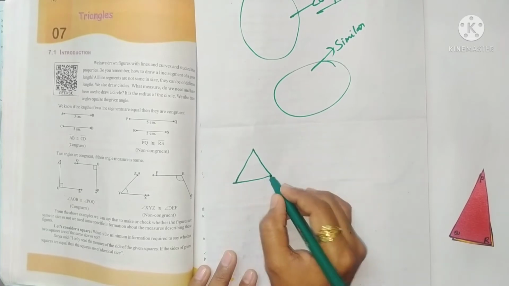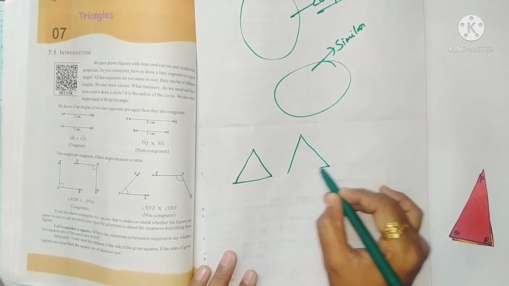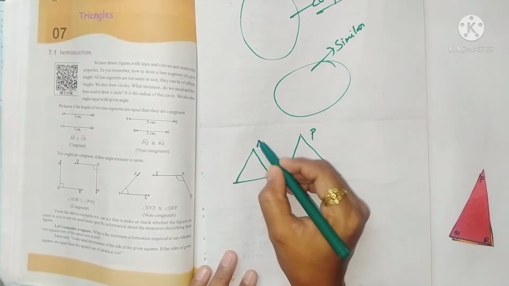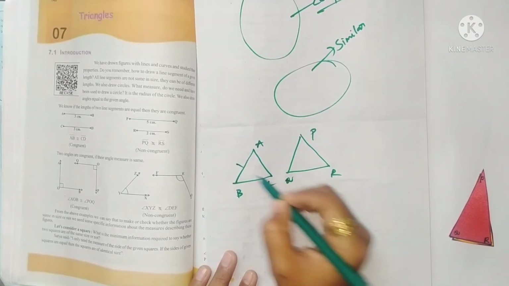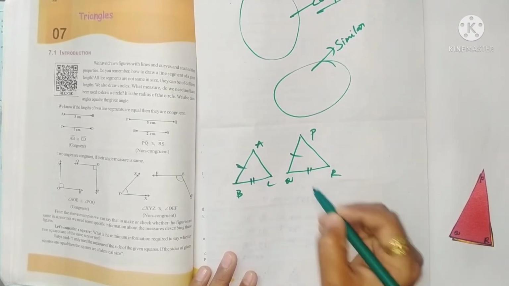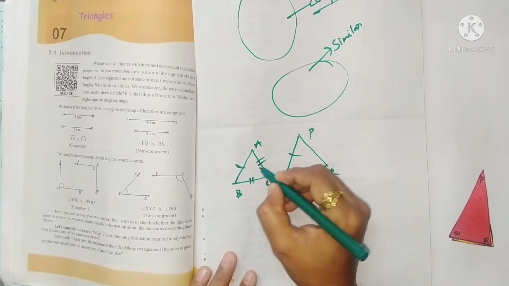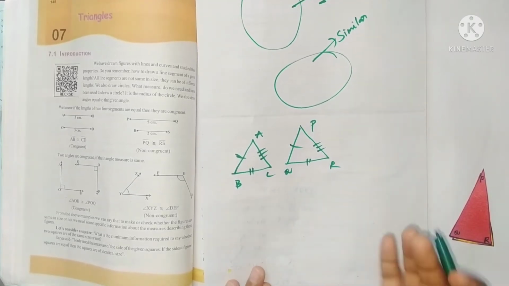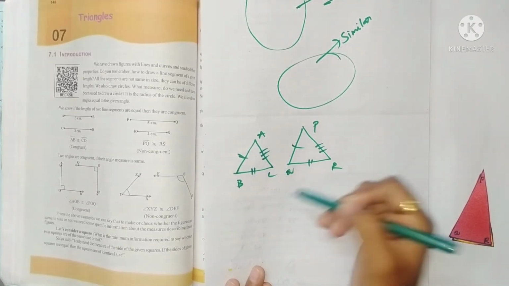So I am telling these two triangles are congruent. These two sides are equal and these two sides are equal and these two sides are also equal. Now tell me students, what is the corresponding side of AB? It's PQ.